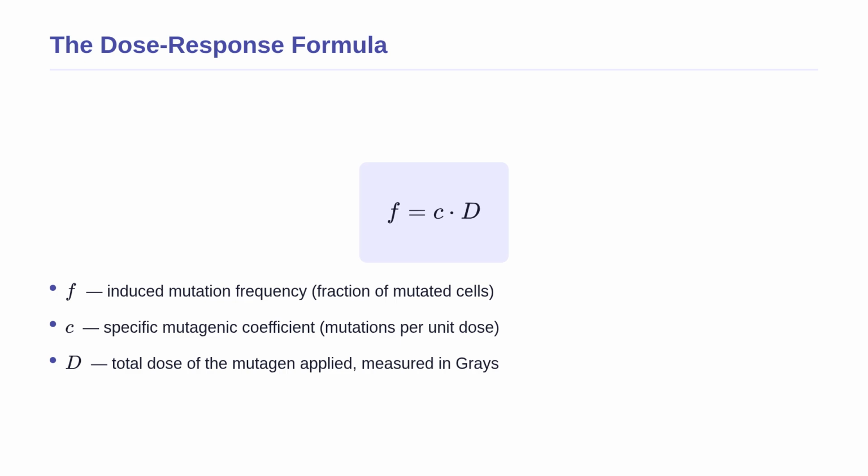The letter C is the specific mutagenic coefficient, a constant telling us how effective a particular mutagen is per unit of dose. Finally, D represents the total dose of the mutagen applied, usually measured in grays or rads. If the dose D increases, the mutation frequency F increases proportionally, meaning more radiation leads directly to more genetic damage.